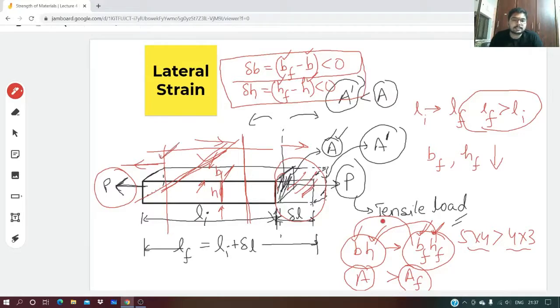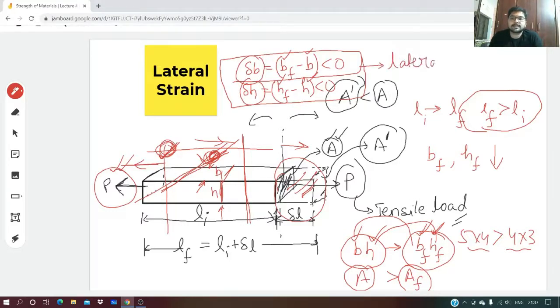In those directions, the breadth direction and height direction, if there are any changes, this will lead to lateral strain.